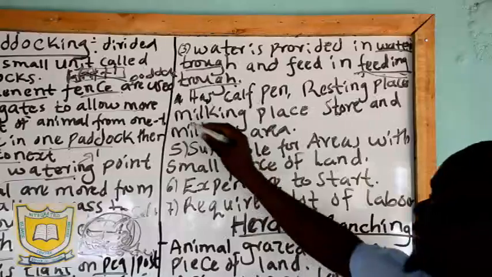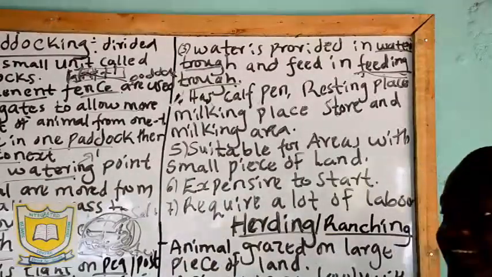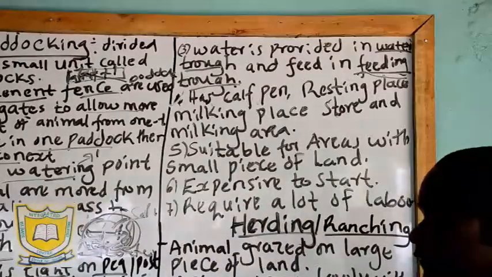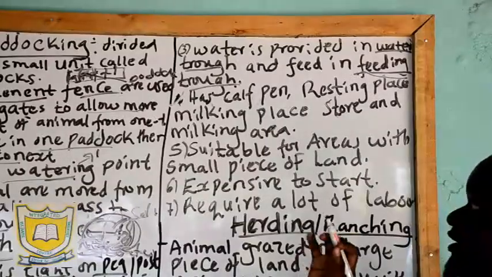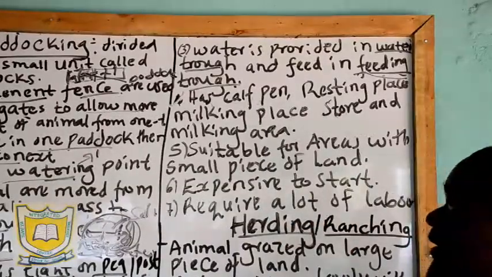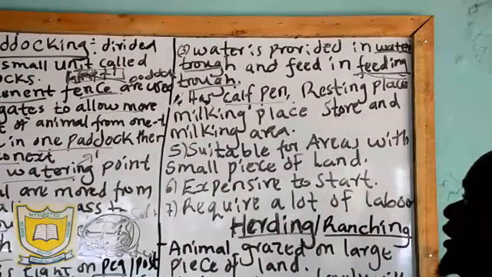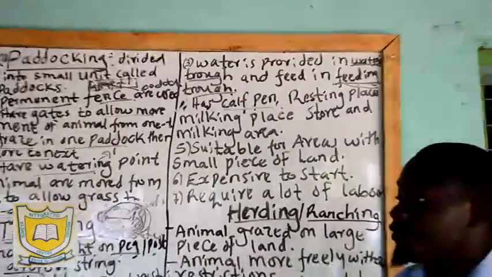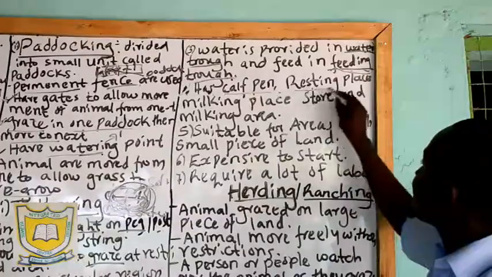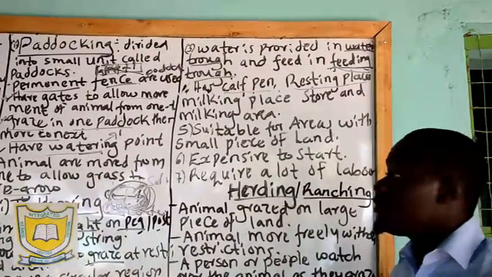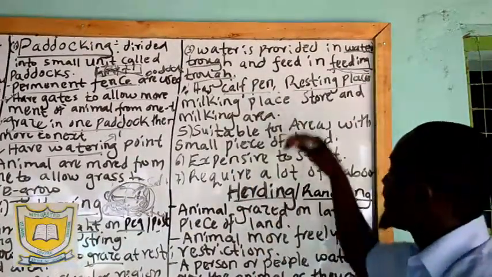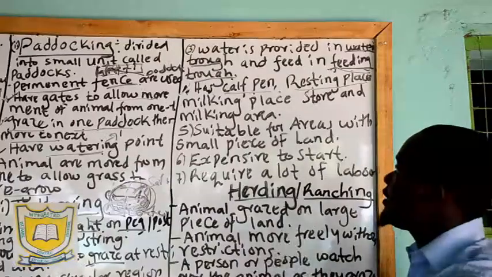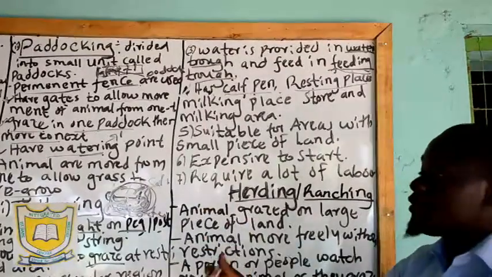Then we have another characteristic. This structure, what we call a calf pen or a shed, has some parts. The first part is what we call a calf pen, where the young one of the cattle lives or stays. Then there is a resting place, because when the animal has finished feeding on the grass or fodder we have provided, it also has to rest.